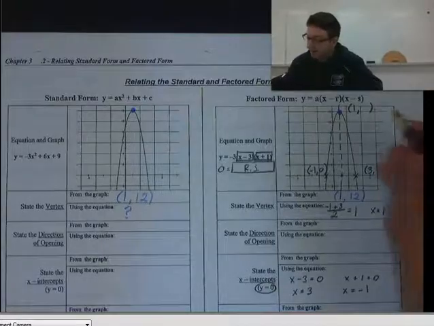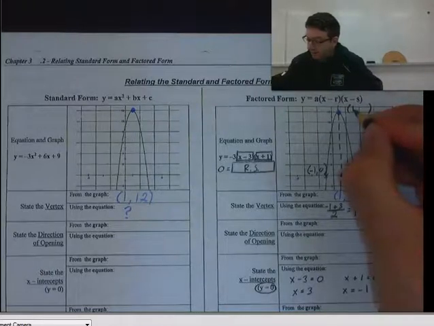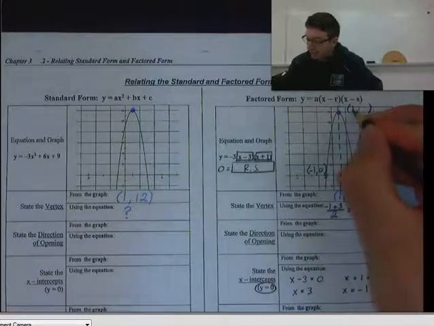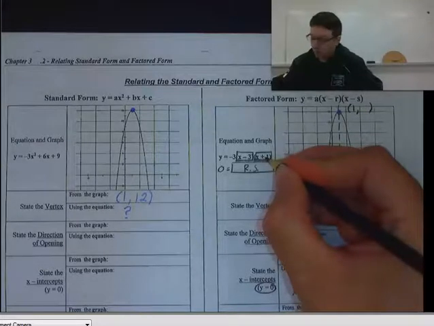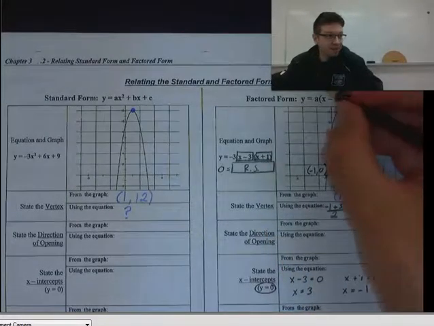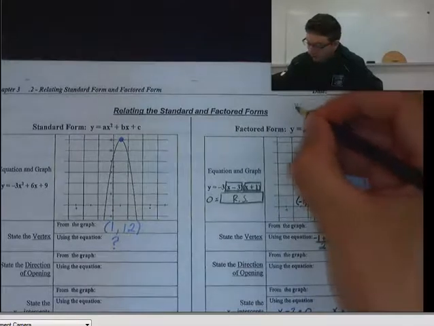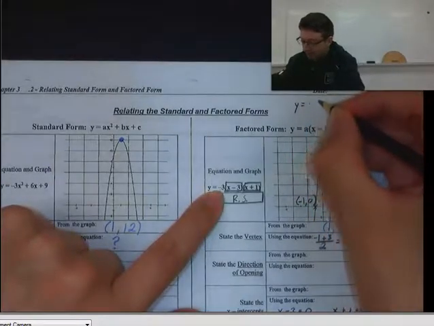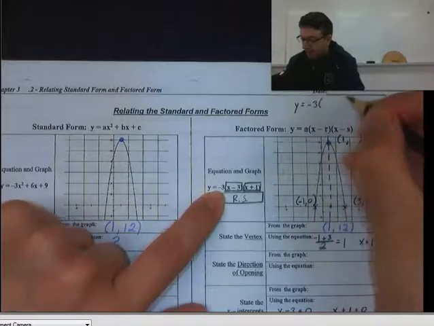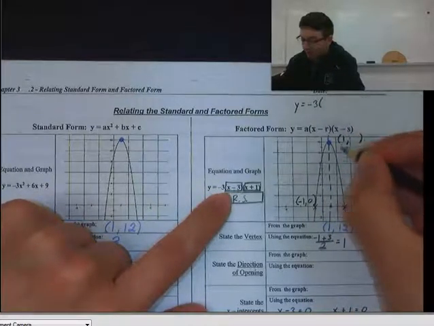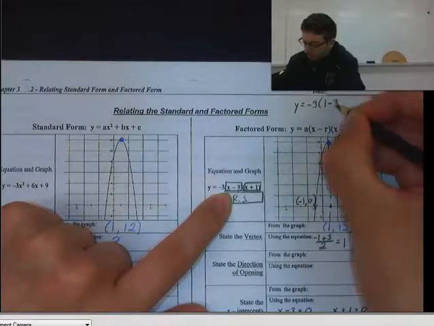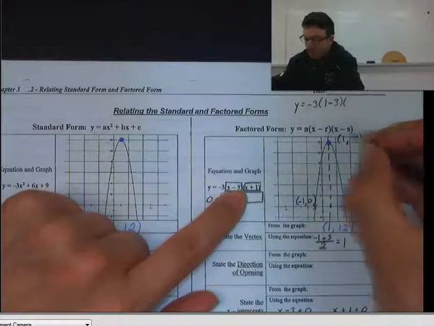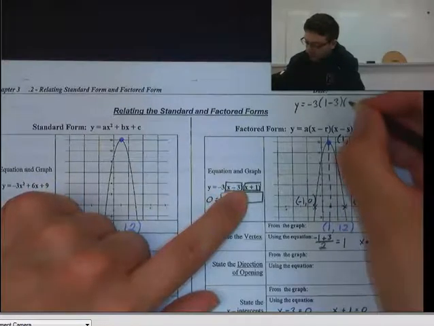Alright, so now that we have the x-coordinate for our vertex, to find out what that y-coordinate is, what we need to do is take that x value and substitute it into our equation. So I'm just going to do that up here. I'm going to write y equals -3 times (x minus 3), but I'm going to write our x-coordinate for the vertex, that's 1, multiplied by (x plus 1), but again I'm going to write the x-coordinate, which is 1.